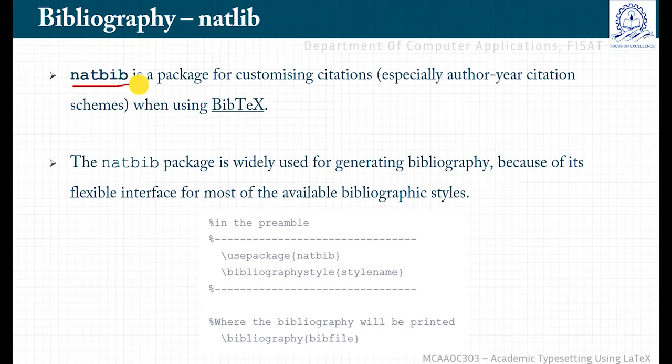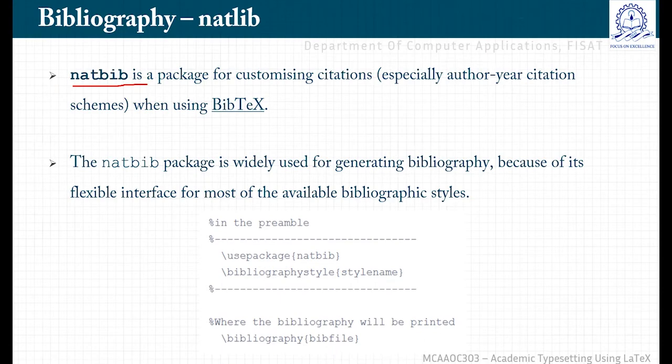So natbib is a package for customizing citations when using BibTeX. It is also compatible with the standard bibliography styles such as Harvard, APA-like, Chicago, Astron, Astrodate and natbib.